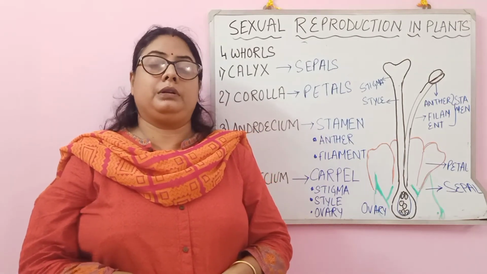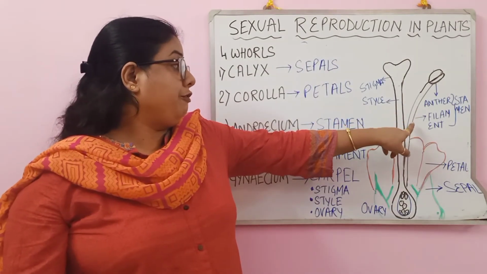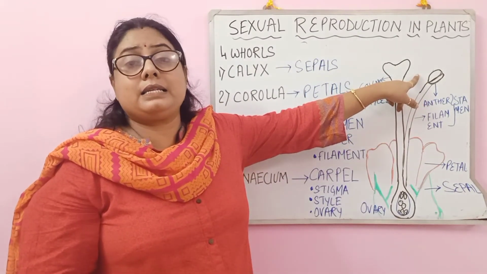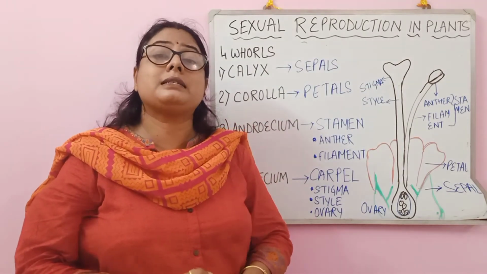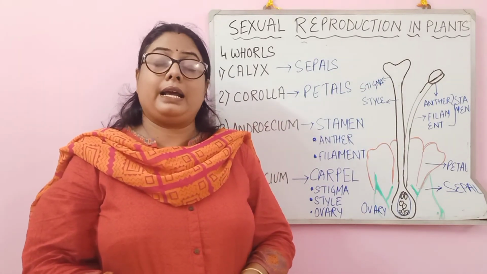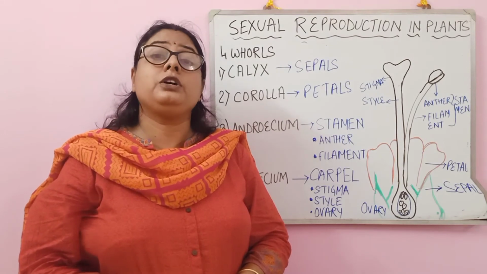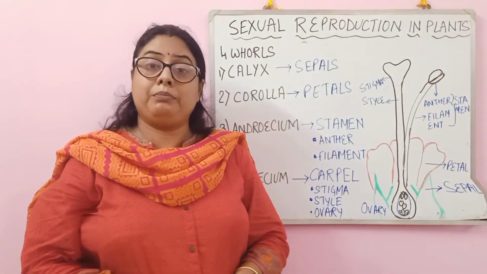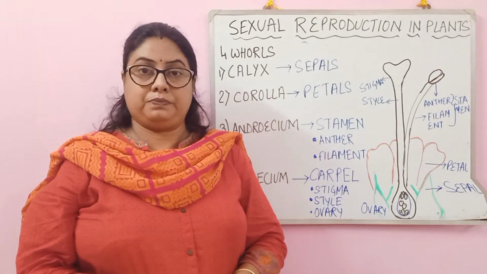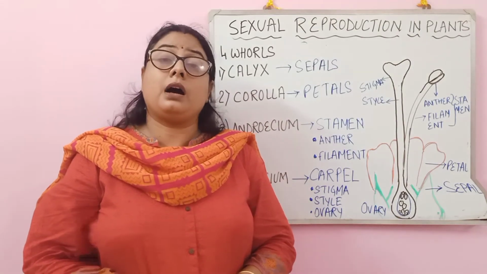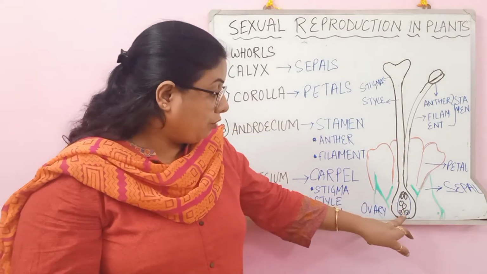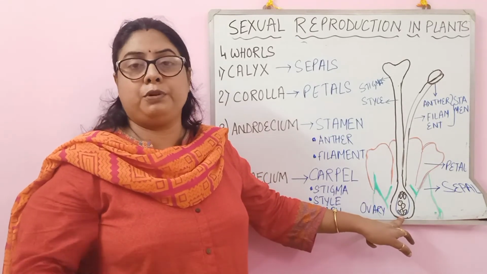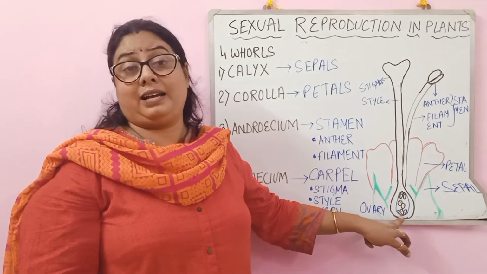Now, stamen again consists of filament and anther. It is the anther which has pollen sacs inside, and inside the pollen sacs, pollen grains are produced. Pollen grains are the male gametes. And the carpel consists of the ovary, which can have one or multiple ovules inside which the eggs are there.